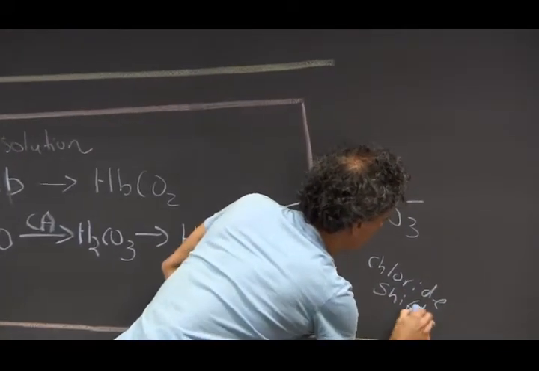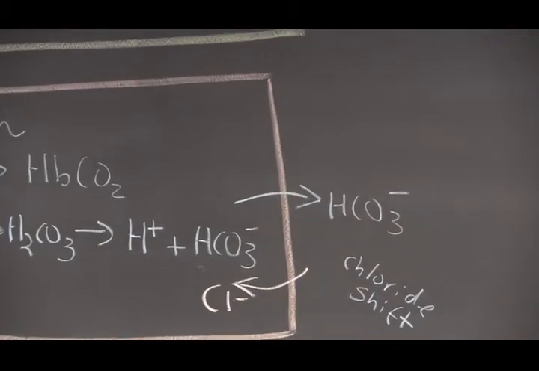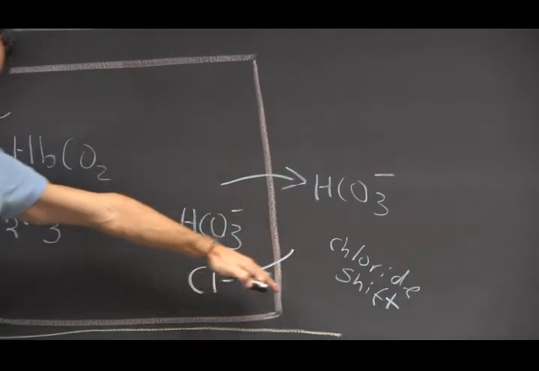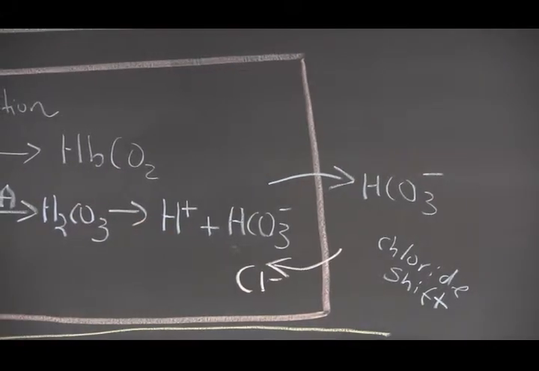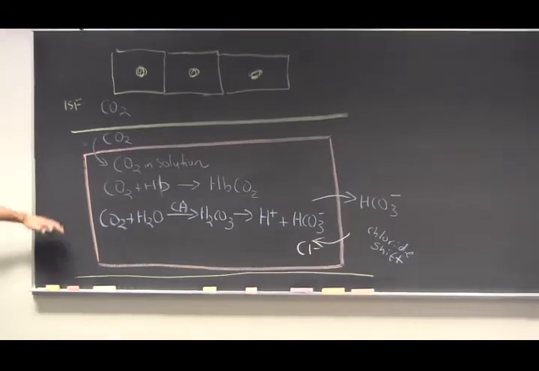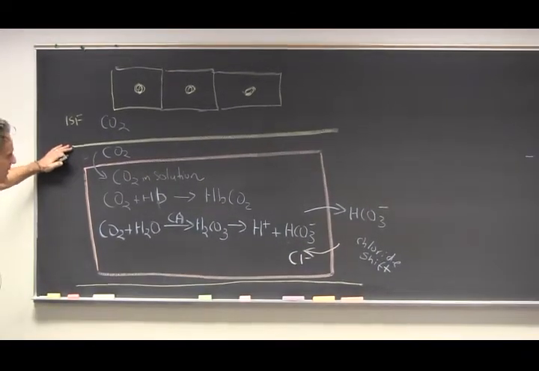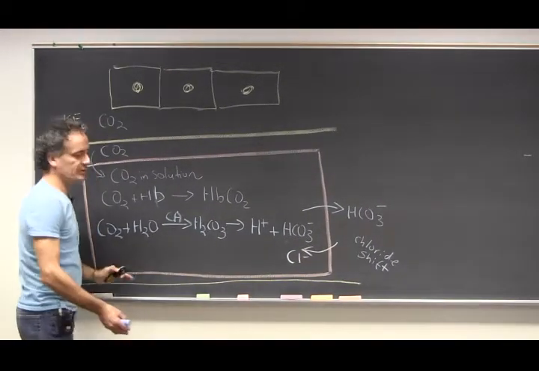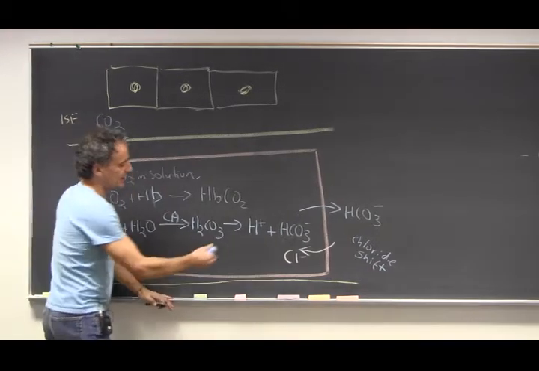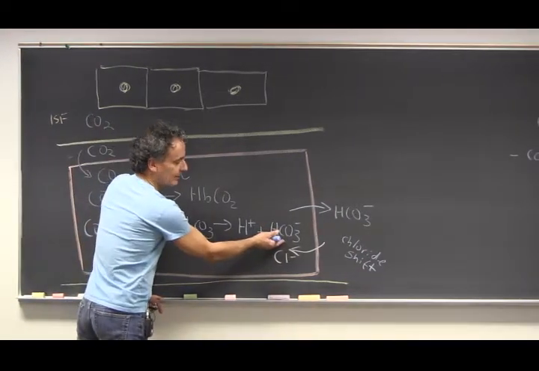So as blood passes through the tissues, the levels of bicarb in plasma go up, the levels of chloride in plasma go down. As a result of these reactions, about 60% of the CO2 that's carried in plasma is carried in the form of bicarbonate.